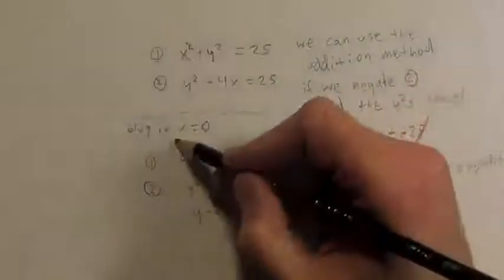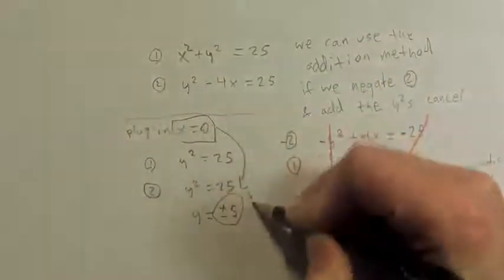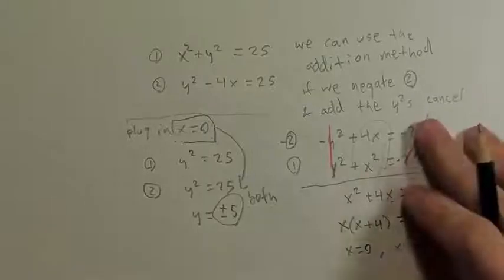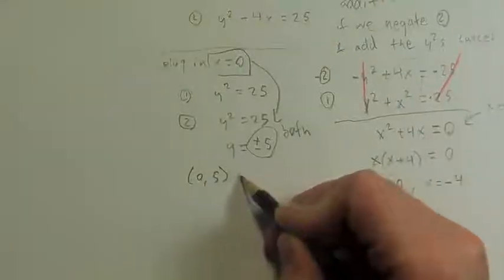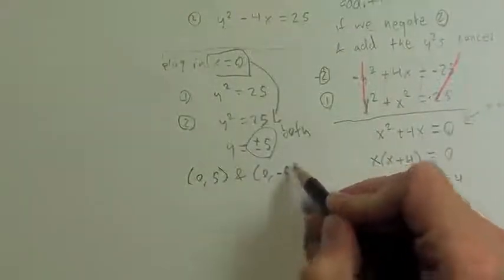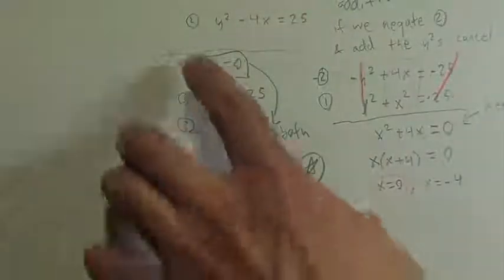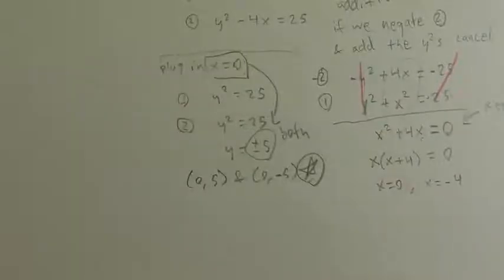Now, these are both for x equals 0. So we get 2 points out of this: 0, 5 and 0, negative 5. Be careful about that too. We plugged in x equals 0 and we got 2 y's out of that.